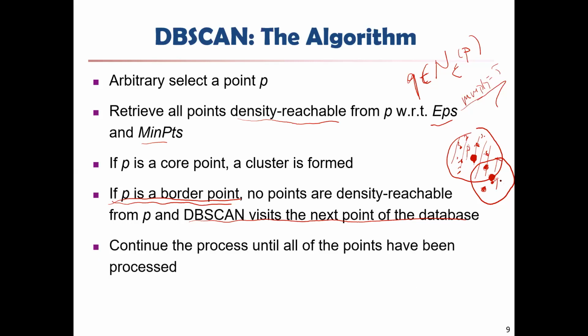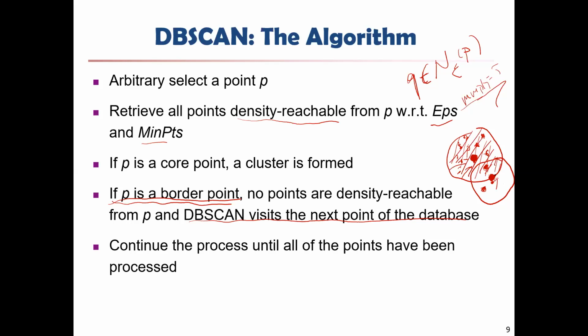So we are going to do this over and over until you process all the points. You have to really make sure that you either merge a point to a cluster or you visited it. Once you declare a cluster and assign all these points to this cluster, you don't have to check them one more time.